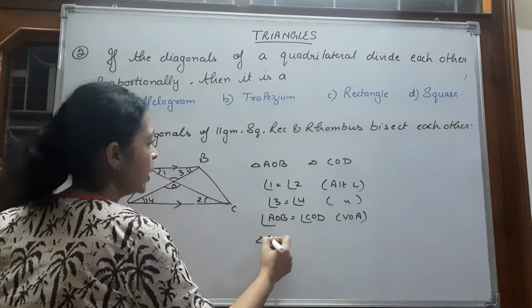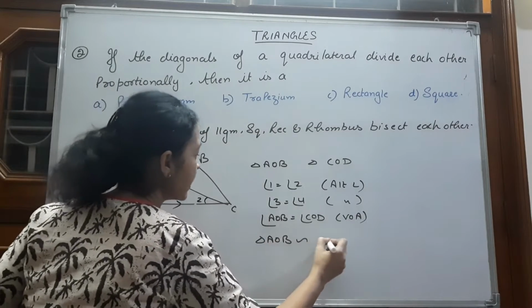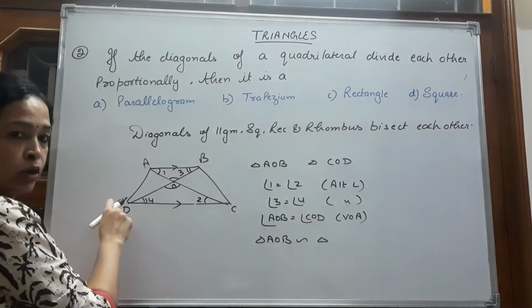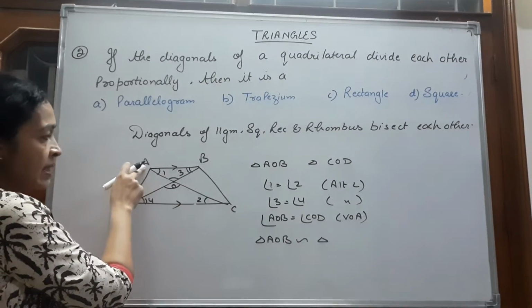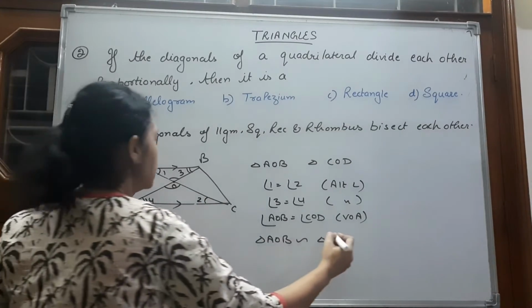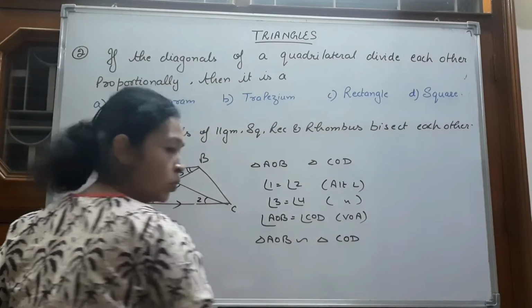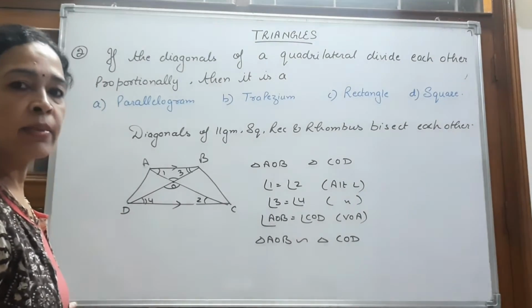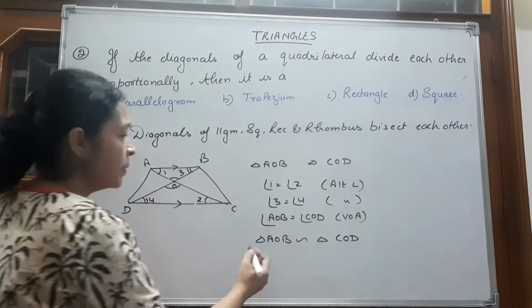So triangle AOB is similar to triangle COD, not DOC, because this angle is equal to this angle, angle OCD. Both triangles are similar, and we know if two triangles are similar, their sides are proportionate.